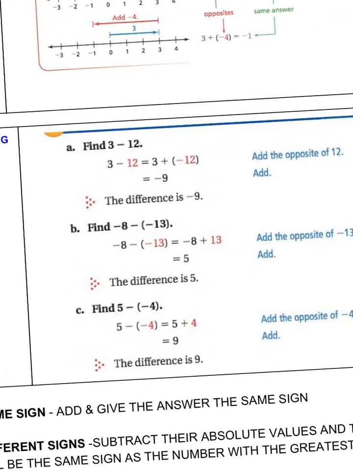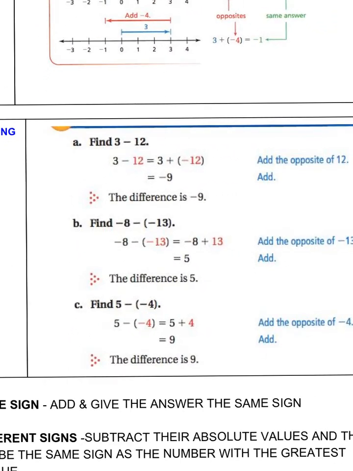Okay, so our problem right here is 3 minus 12. Remember, SAO: to subtract, you add the opposite. So they've changed this to 3 plus negative 12, because negative 12 is the opposite of 12. And now we just follow our rules of adding integers.